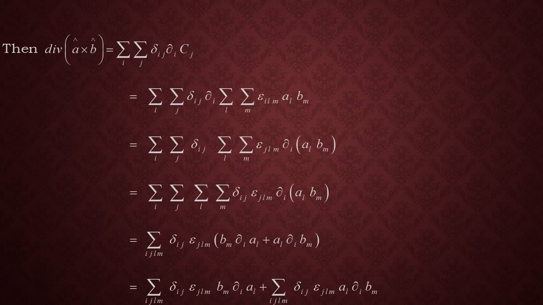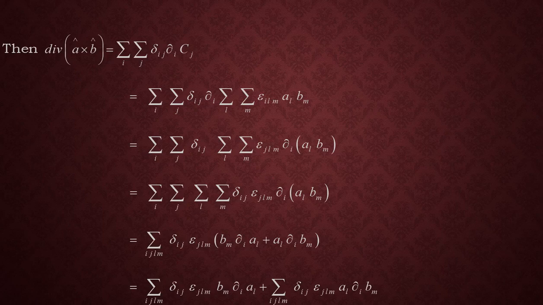To represent the cross product of two vectors or to represent the curl of a vector field, we have to make use of the Levi-Civita symbol representation. Now we need to represent the divergence of the vector field A cap cross B cap. The representation of divergence of A cap cross B cap is as follows.